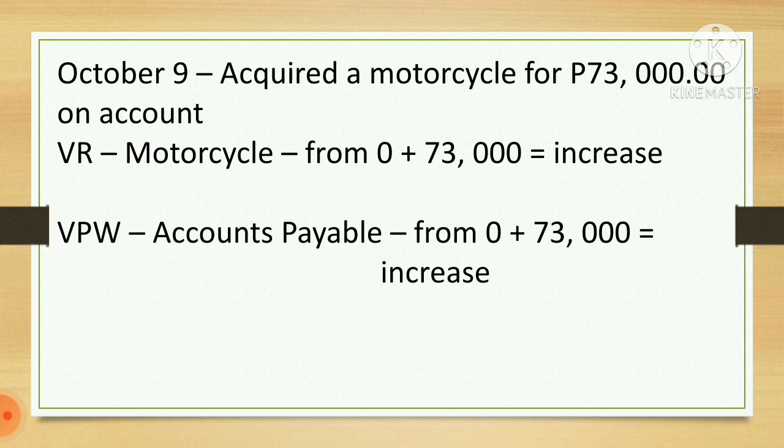So from here, what we're going to use is accounts payable. So your value parted with is accounts payable. Now going back, does the company already have accounts payable? No, the company doesn't have any. So that's from 0 plus 73,000, which is the value of the motorcycle. So that is an increase.